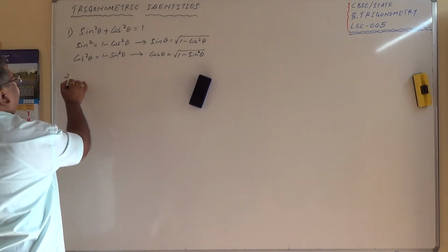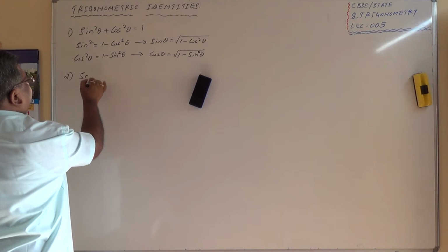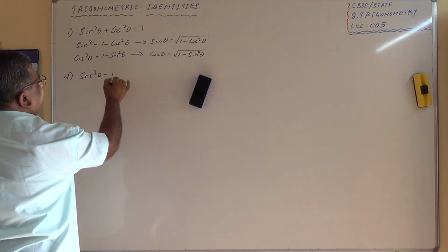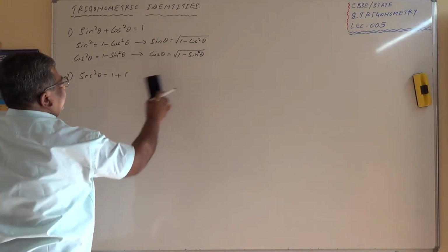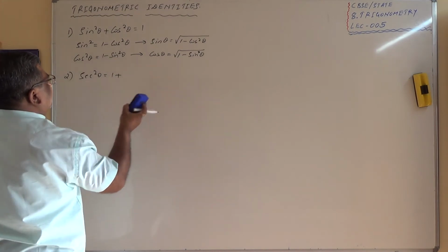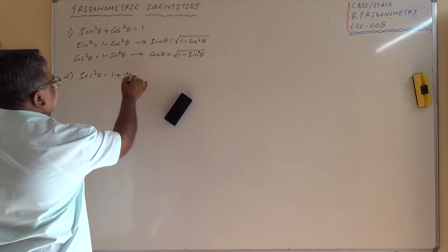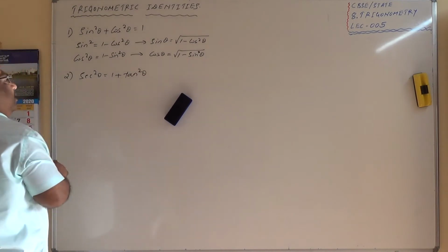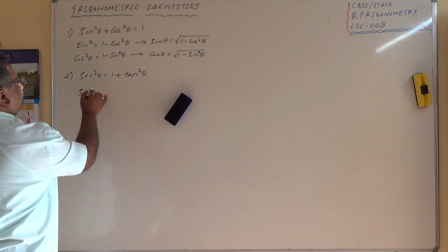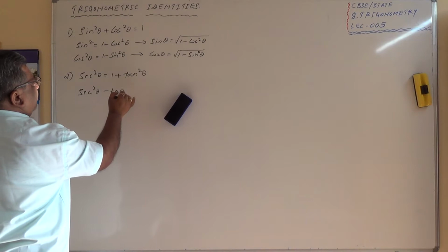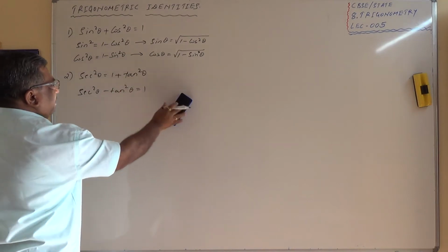Second one: sec square theta equals 1 plus tan square theta. Now, sec square theta minus tan square theta equals 1.